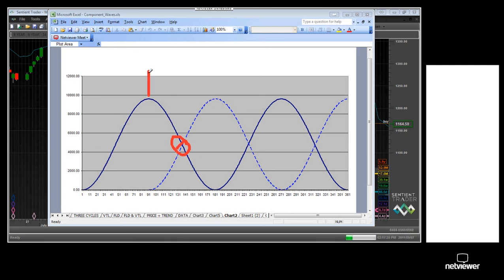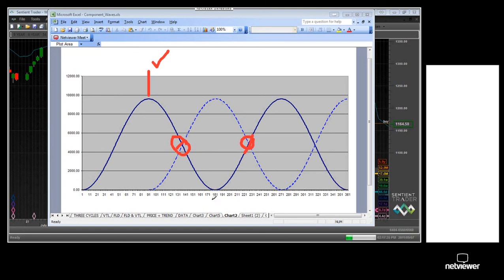So when price here crosses this FLD, let's call this the FLD of the 40-day cycle. When price crosses the FLD in a downwards direction, we confirm that the highest price within the past half a cycle's wavelength is in fact a peak of the 40-day cycle. So we confirm that peak.